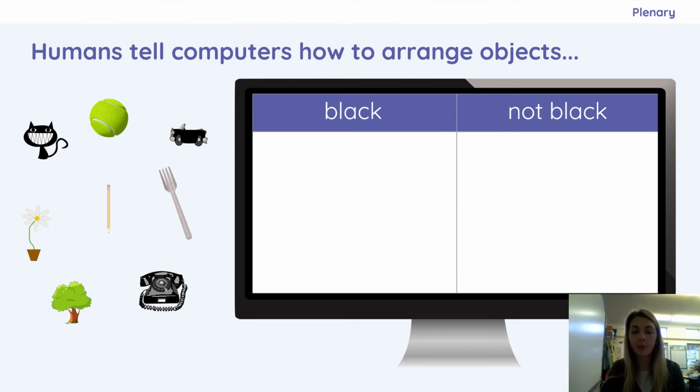Humans tell computers how to arrange objects. So any information that the computer knows is because us humans have told it. So if I ask the computer to tell me which objects are black and which objects are not black, it would know how to sort the objects for me because that information has been put into the computer by a human.